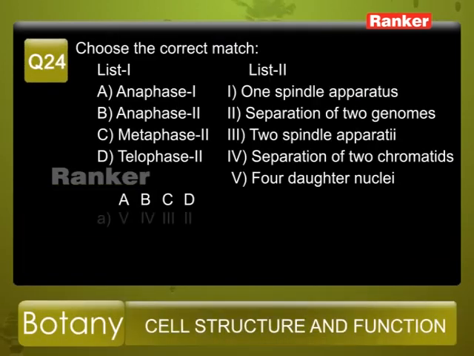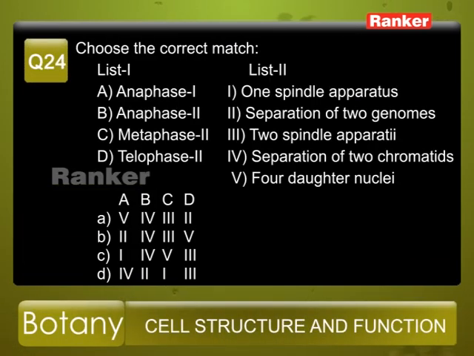Question number 24. Choose the correct match. List 1. A. Anaphase 1. B. Anaphase 2. C. Metaphase 2. And D. Telophase 2. List 2. 1. One spindle apparatus. 2. Separation of two genomes. 3. Two spindle apparati. 4. Separation of two chromatids.